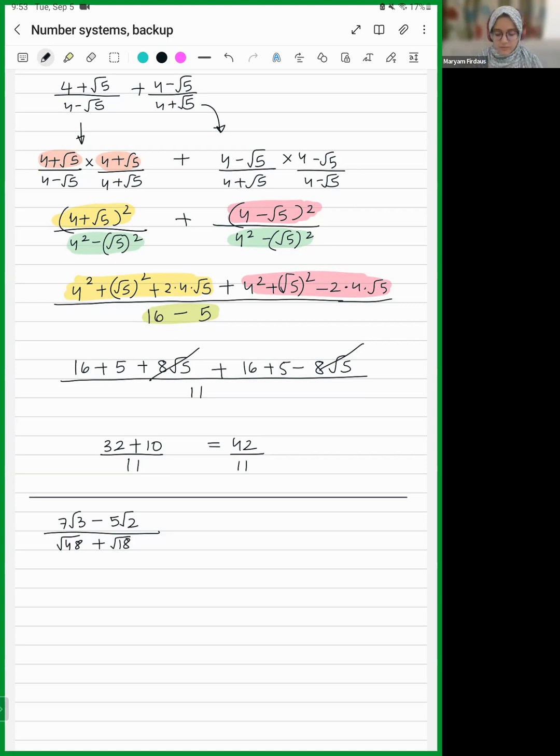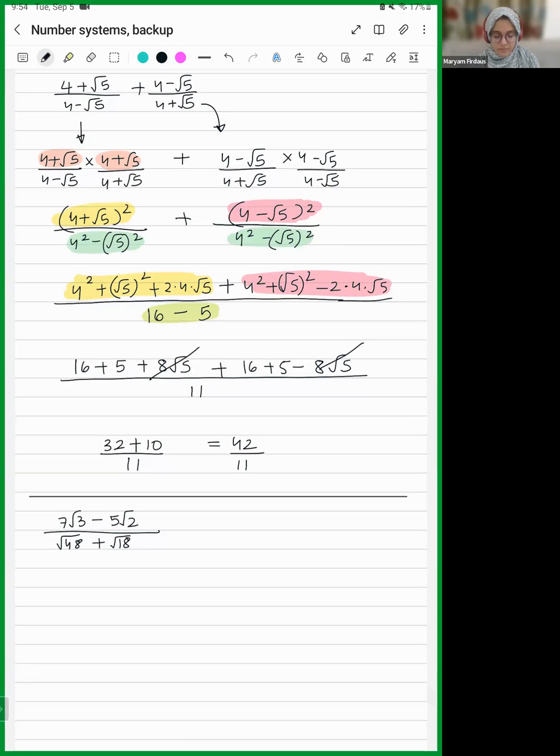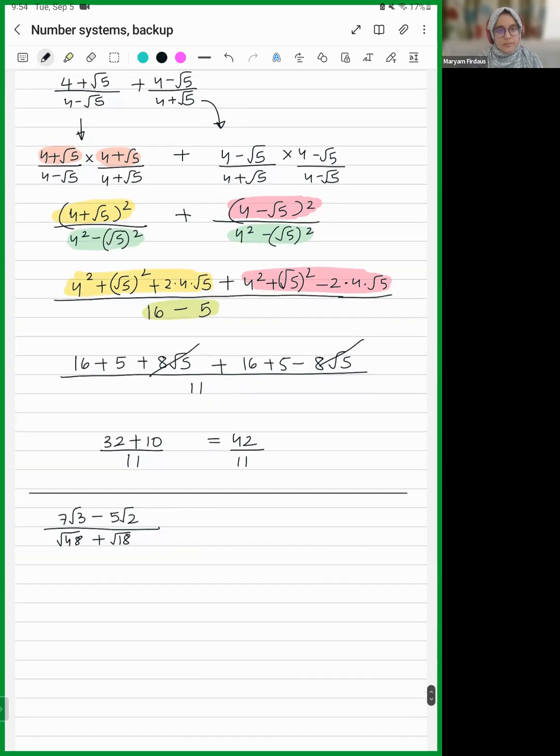Avni, done? No, ma'am, I'm still doing. Okay. Munir, have you done this one? The previous one, ma'am? Yes, the first one. Have you done this one? 42 by 11. Yes. Okay.